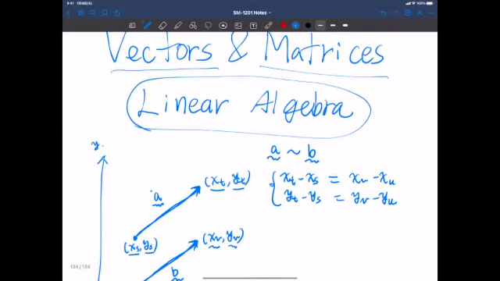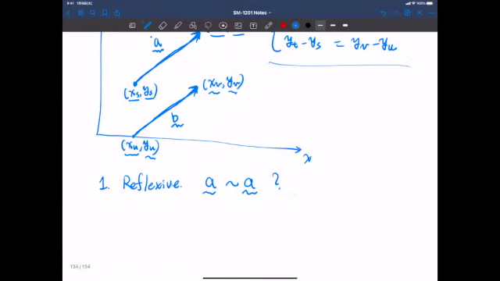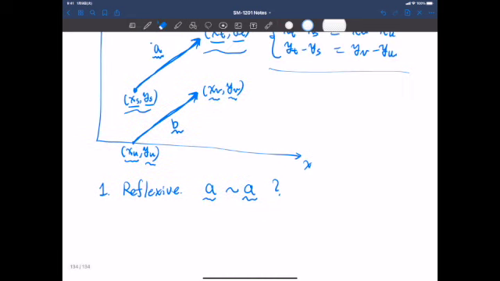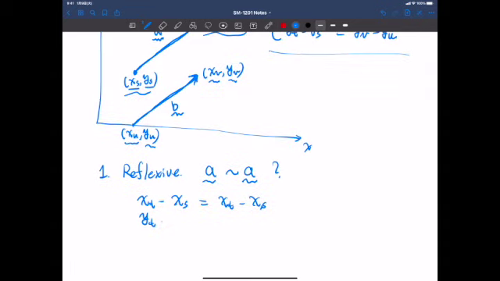According to our definition of this relation, if this arrow A has these two coordinates in two dimensions, then we should have xt minus xs equal to, so it's the same vector, so it's trivially equal, yt minus ys is equal to yt minus ys. So it is reflexive.